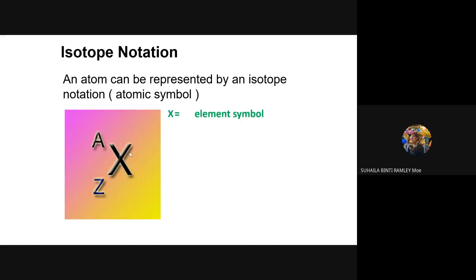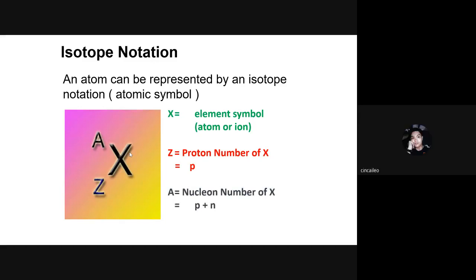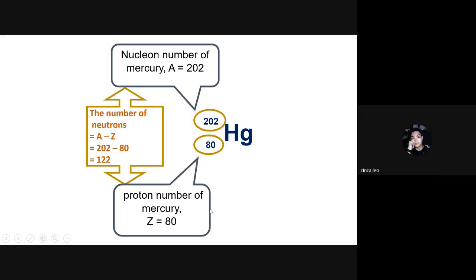A represents the nucleon number, and Z is the proton number of X. Nucleon number is proton plus neutron. This is just revision. For example, we have mercury, Hg, nucleon number 202, proton number 80. To get the neutron number, just minus: 202 minus 80, so we have 122.